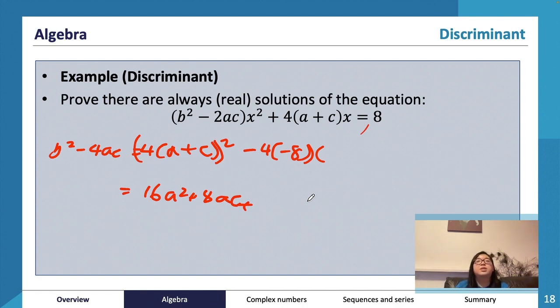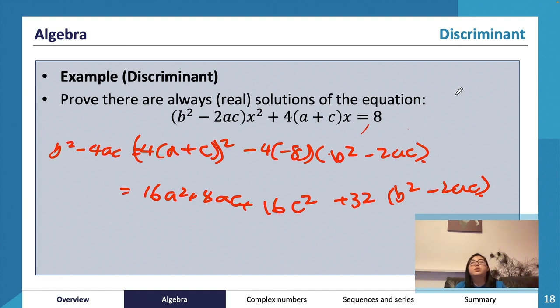So we'll get 16a squared, and then here we have 4ac, so b squared minus 2ac. So this is going to be 8ac, and then we're going to have plus 16c squared, right? Okay, and then we'll have plus 32 times b squared minus 2ac.